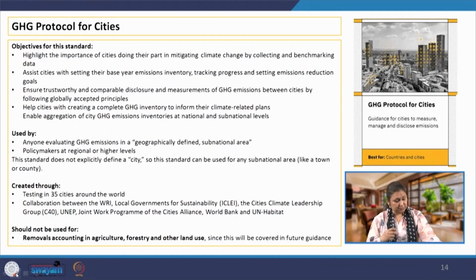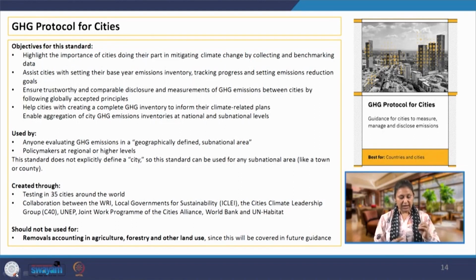Then we have the GHG protocol for cities. So, objectives are pretty much the same, just that this is for cities, and when we are talking about cities, the inventories are going to be many, because there are several businesses, each business will have its own reporting, but then when we are talking about cities, we will have the infrastructure projects.